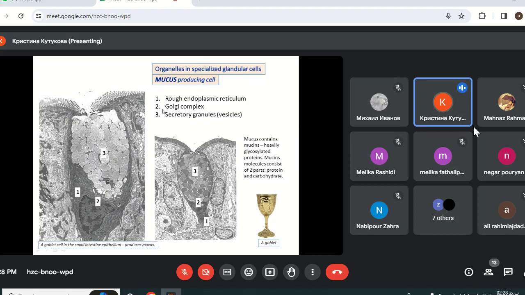Golgi complex is usually located above the cell nucleus, here. And number 3, secretory granules, vesicles. So most of the volume of this cell is actually filled with vesicles containing mucus. And when it is needed, the cell receives a signal and it will release these vesicles containing mucus outside.